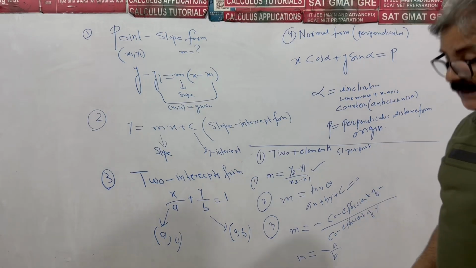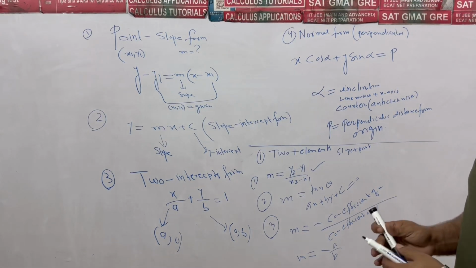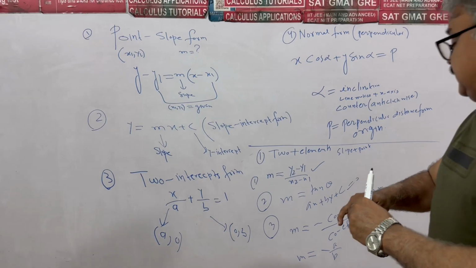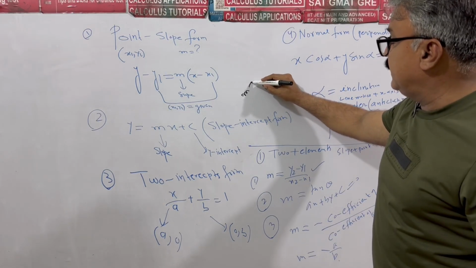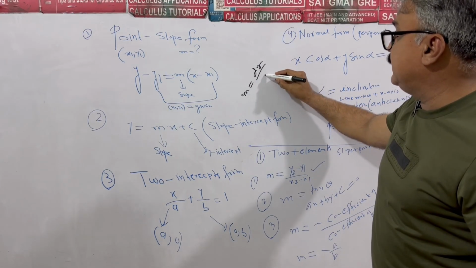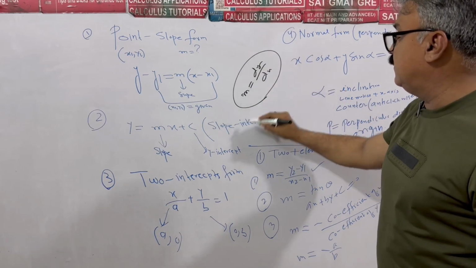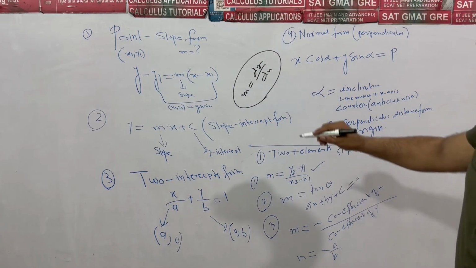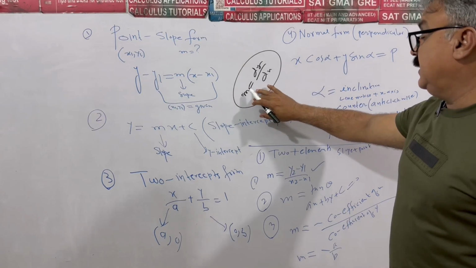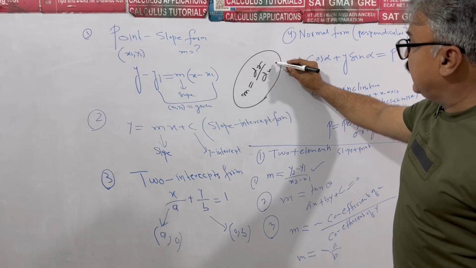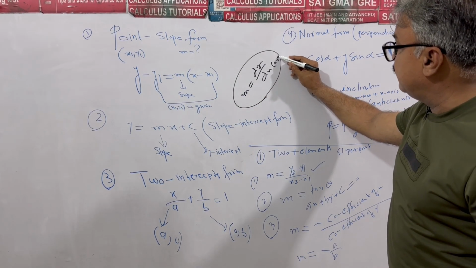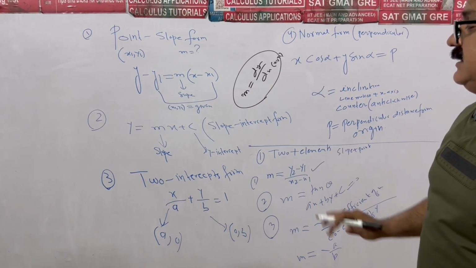The final advanced possibility uses calculus: slope is found by differentiating, dy upon dx. That is the fourth possibility, finding slope by differentiation at the given point.